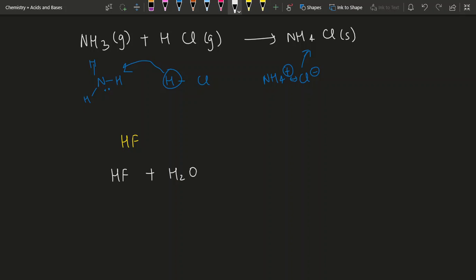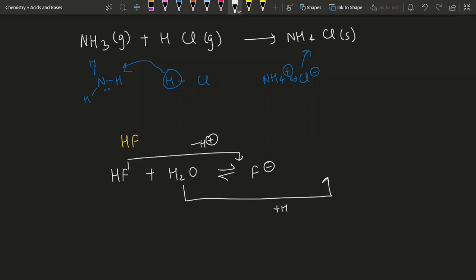So what it will do, it will donate its H plus to H2O, forming F minus. HF minus H plus forms F minus, and H2O plus H plus forms H3O plus, the hydronium ion that we talked about in the Arrhenius concept as well. So in this case, it acts like an acid.